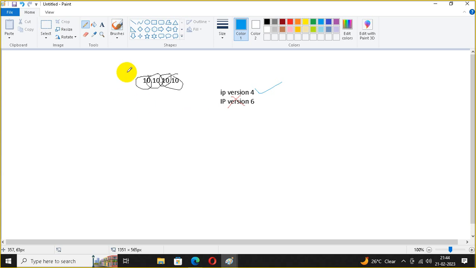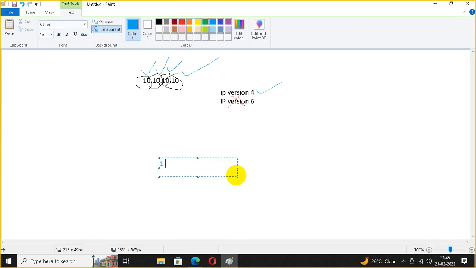For your information, 4 octets means 4 bytes: 1 byte, 2 byte, 3 byte and 4 byte. Now the calculation: 1 byte equals 8 bit.